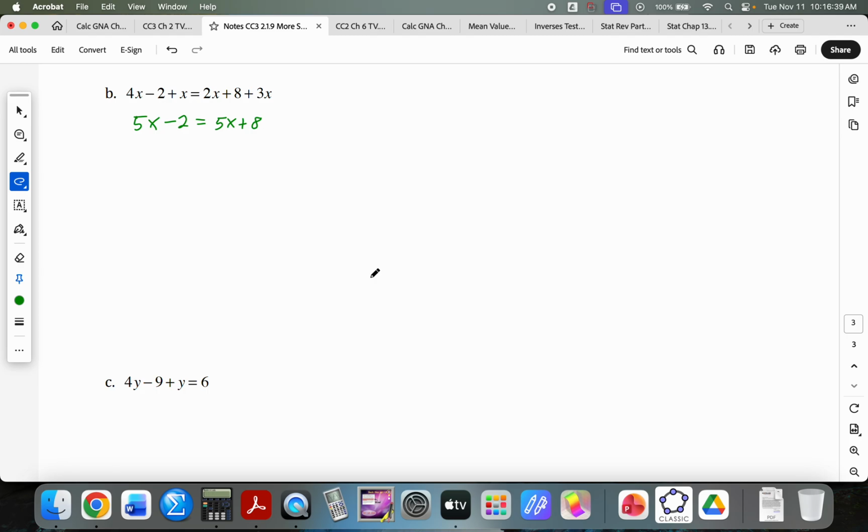I find that I make far fewer mistakes if I do that. So I'm going to subtract 5x from both sides. And what happens? I get a zero pair on both sides. So -2 equals 8. Is that true? No, so this has no solution.